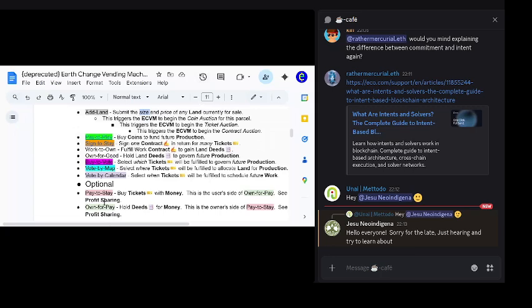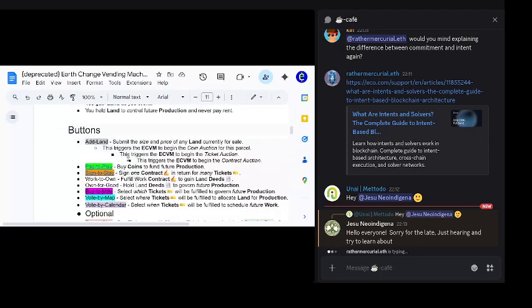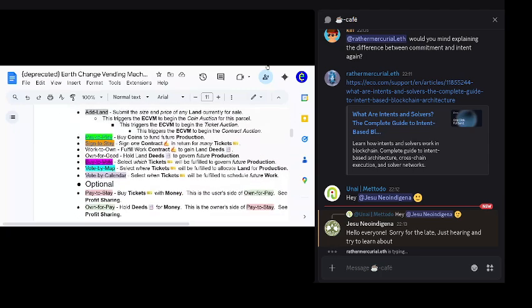These aren't really buttons, by the way. Some of these are fairly complex, like vote by map, vote by calendar. I don't know if that makes sense.